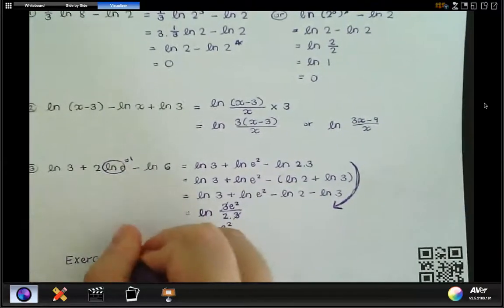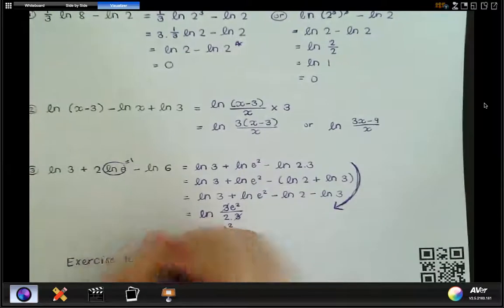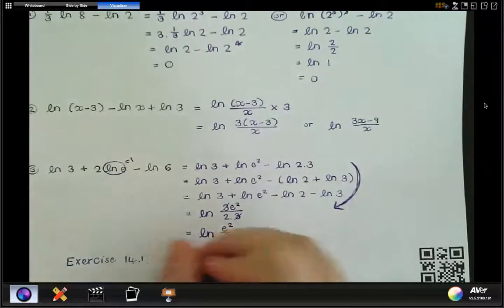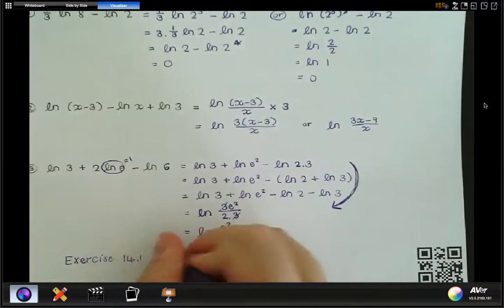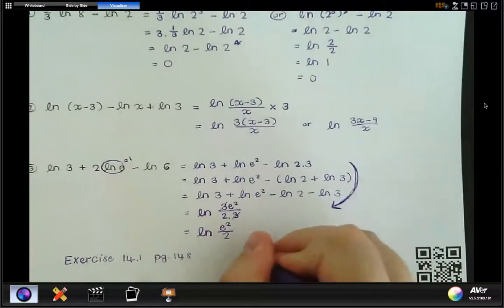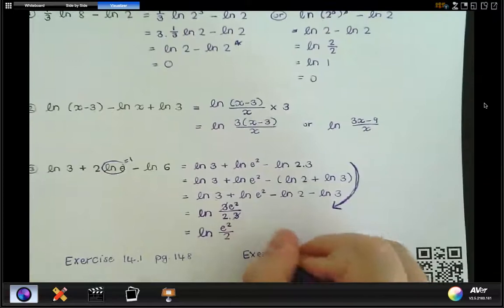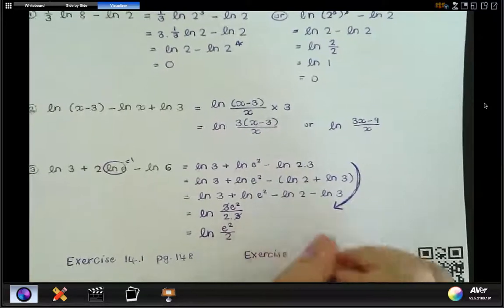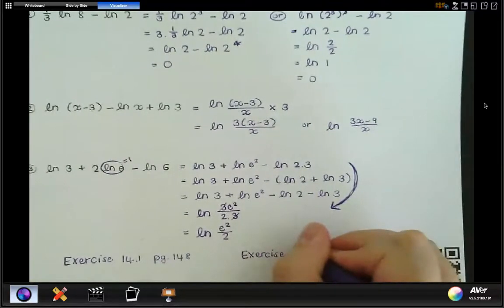This is not in the answer series, so I will send you guys a picture of it. Exercise 14.1 on page 148, and exercise 14.2 on page 149.